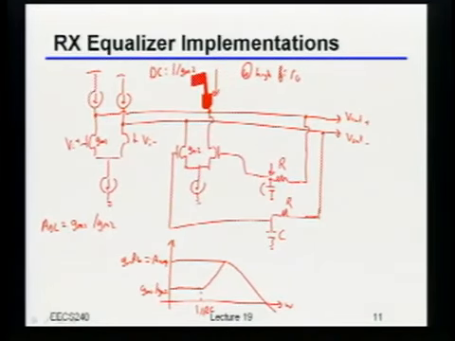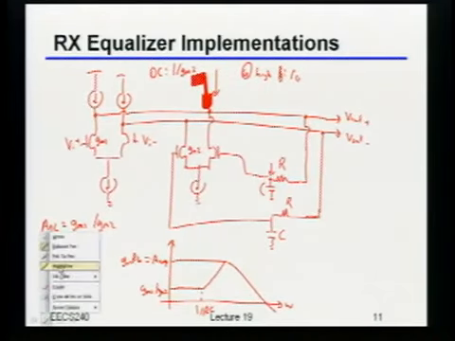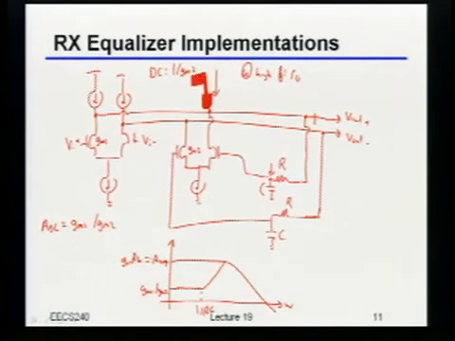In other words, even if I didn't have any cap at all sitting on these output nodes right here, this structure would still have a pole in it. Simply because if I looked at that Z in, if at low frequency it was 1 over GM2, eventually it has to be RO, right?